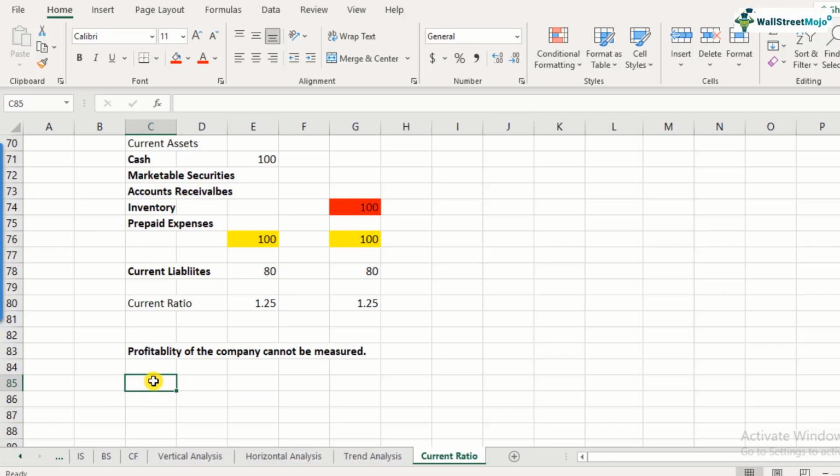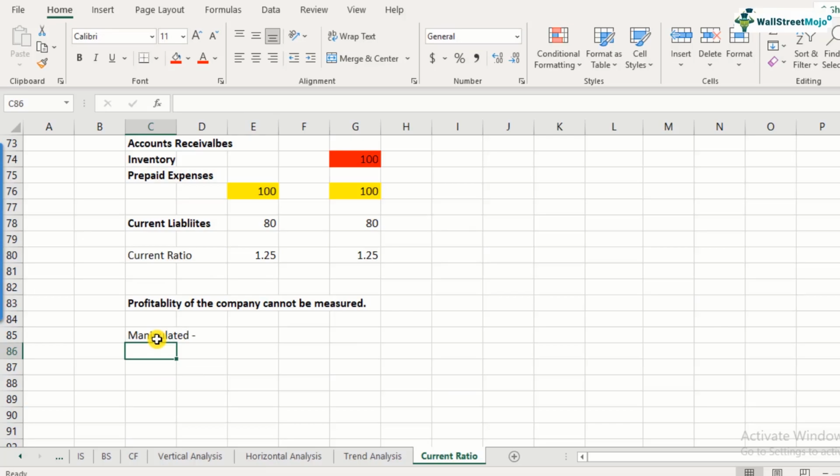Now, another limitation is that it can be manipulated at times. Manipulation would mean, obviously, when we talk about the balance sheet, income statement and cash flows, all of these can be subject to accounting gimmicks from the management side.